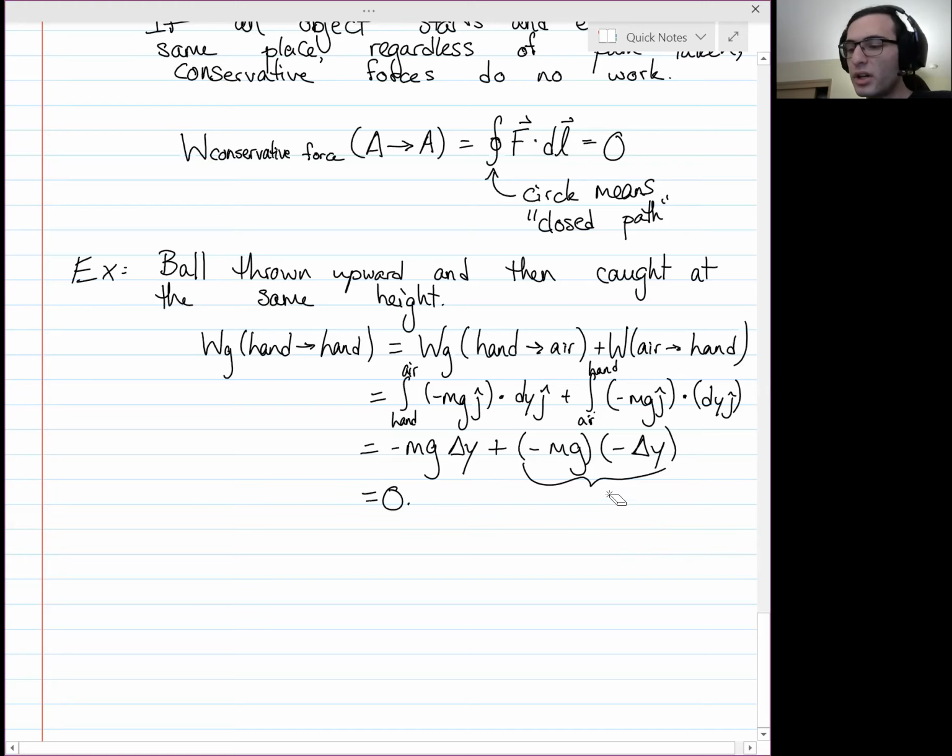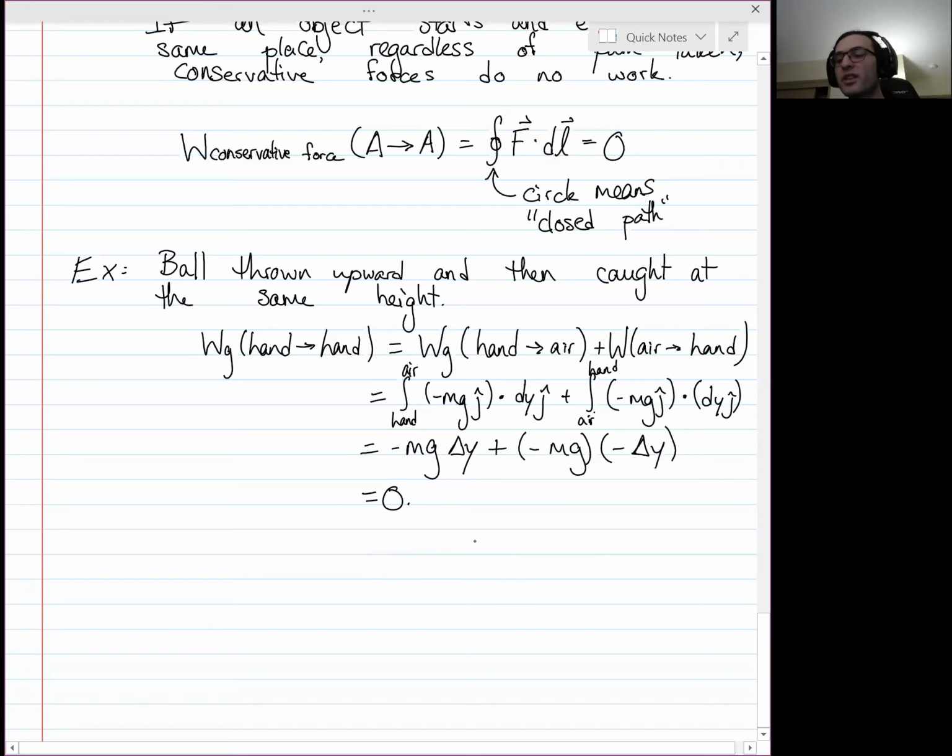And so the amount of work that gravity does is 0, because we're ending and starting at the same height. I mean, we're doing the integrals with respect to y. Just imagine that we have y air and y hand. That's all. I was just being a little bit sloppy.